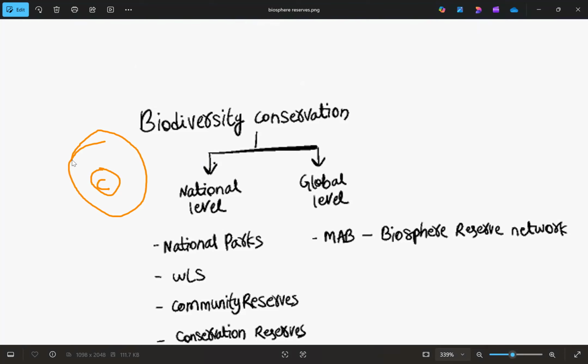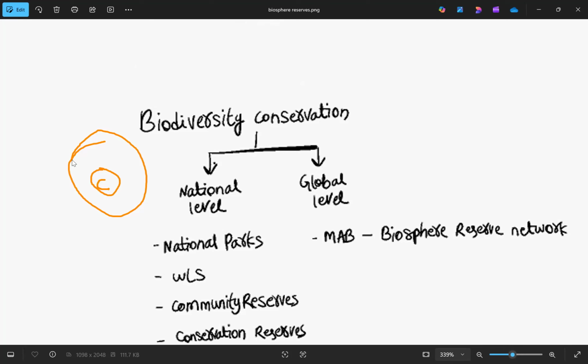So these activities will be permitted, provided that they have permission. So this is the basic difference, where it is very restricted to take any activity in a national park, whereas in a wildlife sanctuary there is flexibility in management.